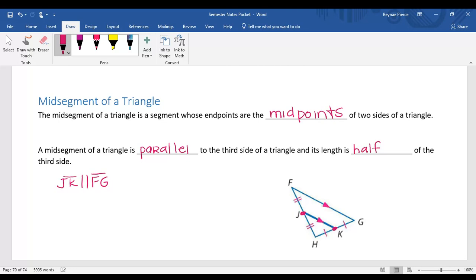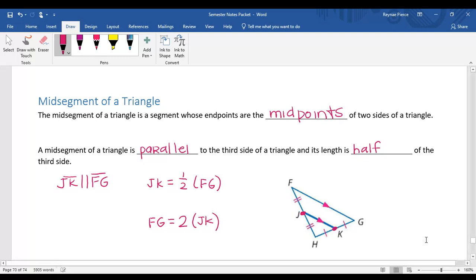So JK is half the length of FG in this picture. Another way to think about it is the third side, FG here, takes 2 midsegments to get to its length.